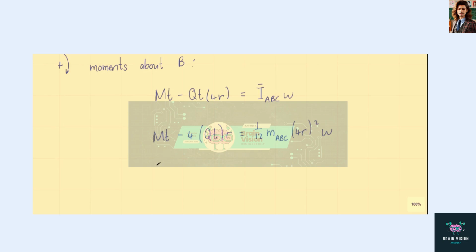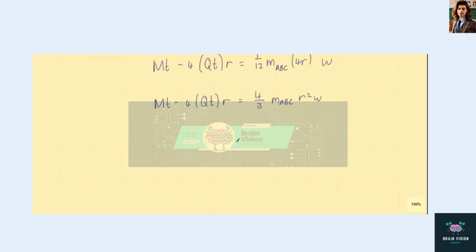And this simplifies to MT minus 4 times QT times R, which is equal to 4/3, when we open out the square, times the mass of the rod M ABC times R squared omega. And we'll call this equation 2.